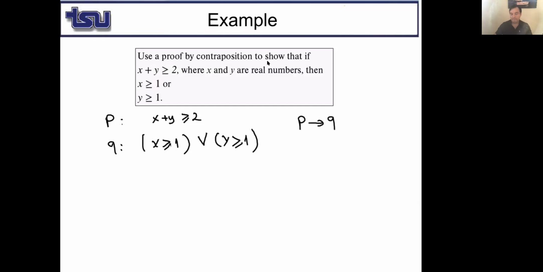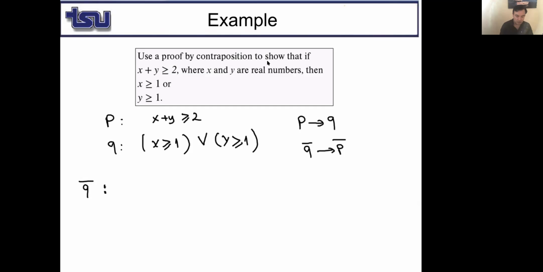Okay. So now I will try to do it with contraposition. I will prove Q naught implies P naught. So first of all, what is Q naught? Q naught is the inverse of this.